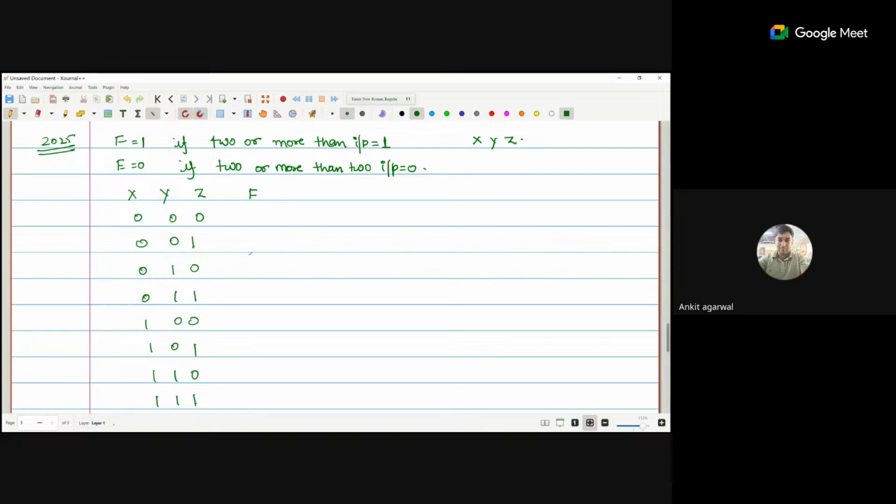F is 1 when 2 inputs are 1, or more than 2 inputs are 1. And F is 0 when 2 or more than 2 inputs are 0. So this is the truth table.